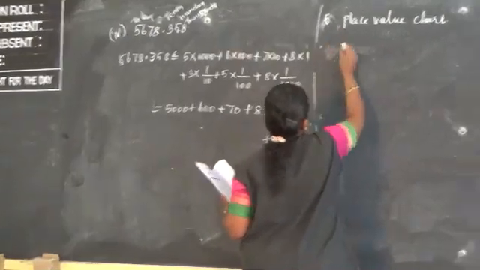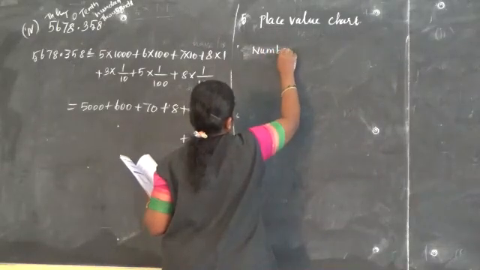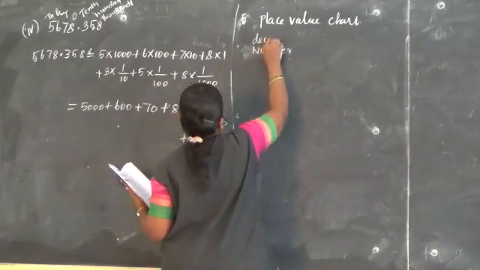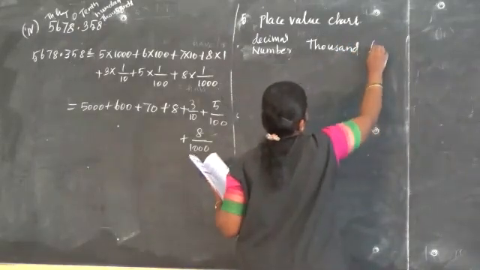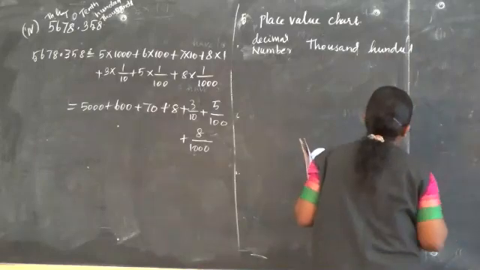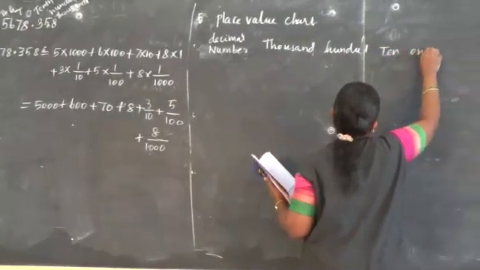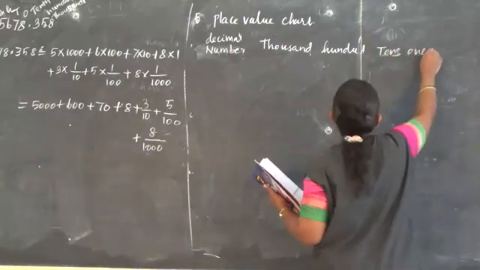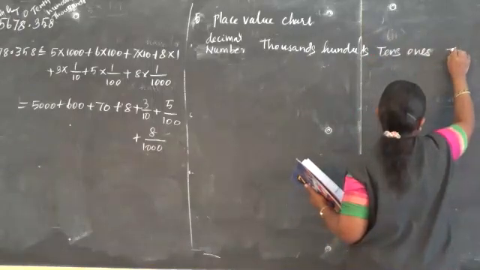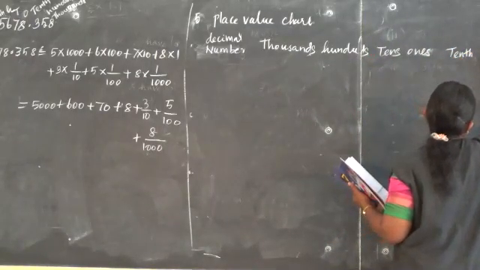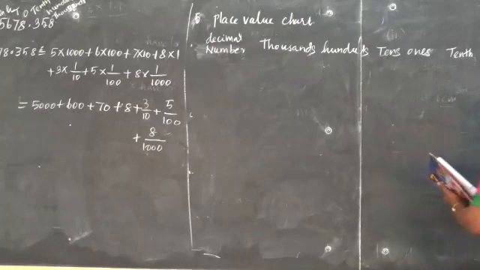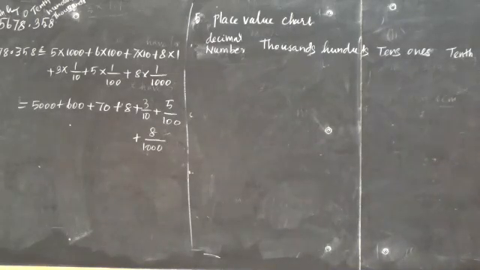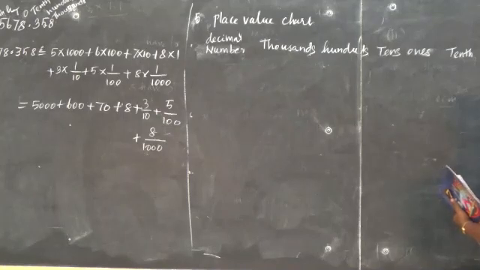Thousands, I start here, that number I am writing now. Decimal number, then thousands, hundreds, after that tens, ones. Then here tenths, hundredths, then thousandths place.